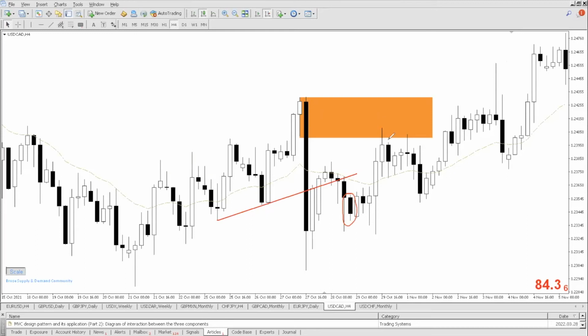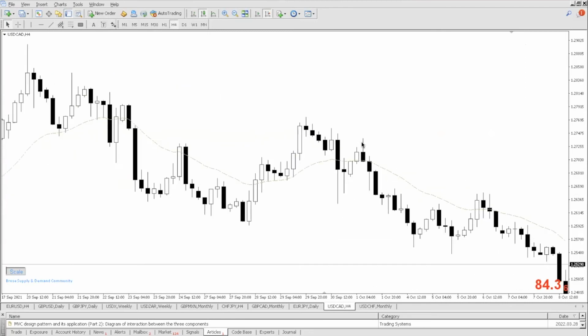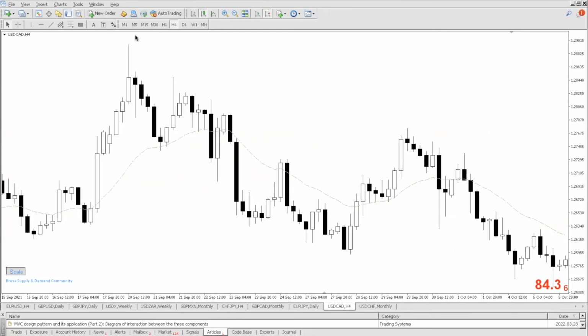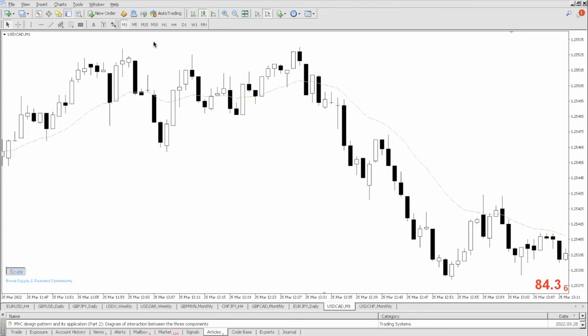Went up, touched the area, dropped. So this applies for any time frame, okay? Any time frame. You go to 1 minute, the same thing is happening. Let's go to 1 minute time frame.